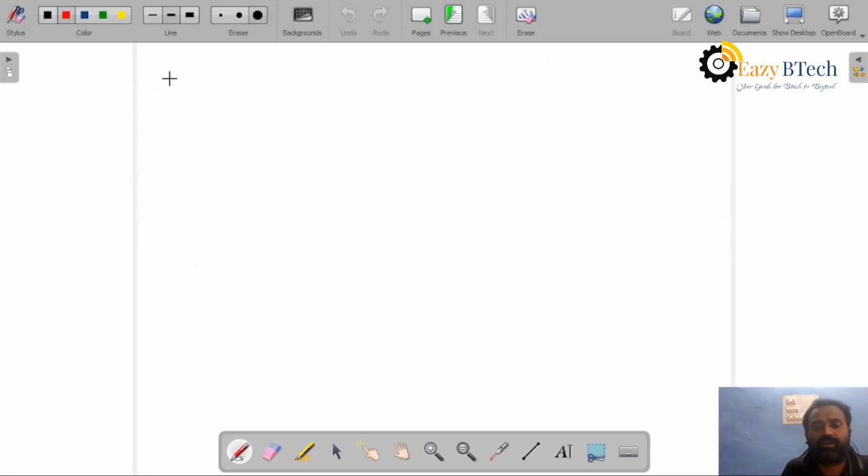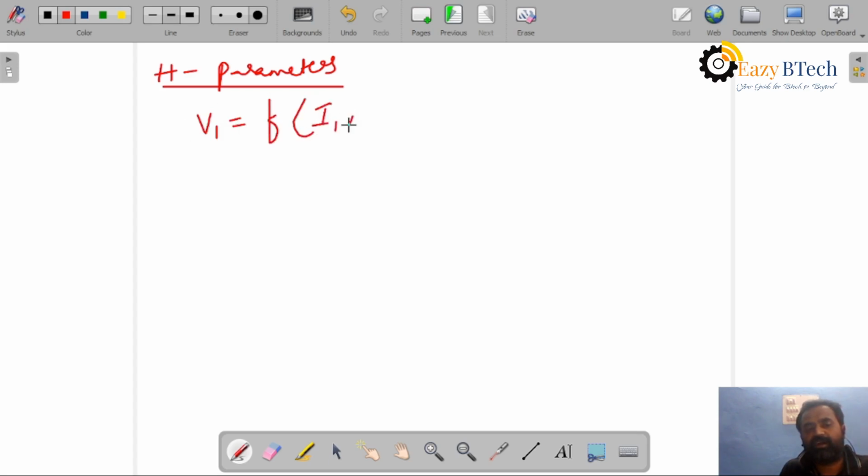Okay, next H parameter equations. We will see V1 is a function of I1 comma V2. I2 is a function of I1 comma V2.